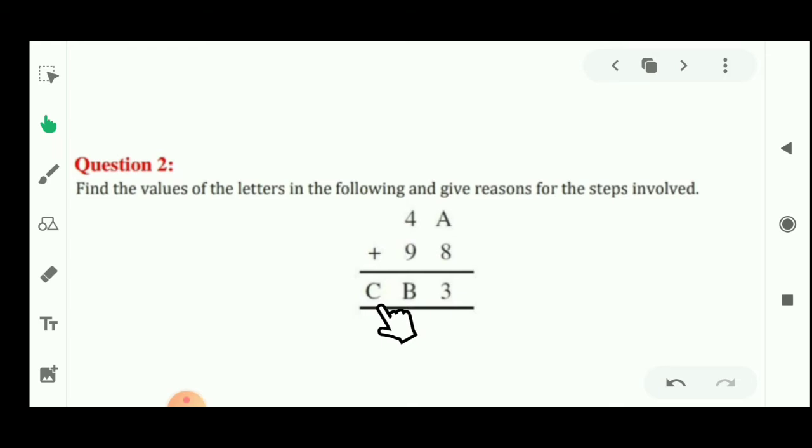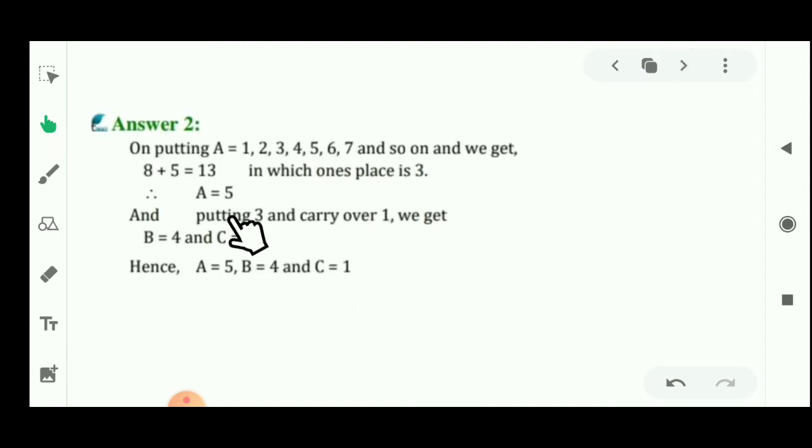So here is the 1, here is the 4, and here is the value 5. That means A's value is 5. Let's see the solution. A's value is 5, B's value will be 4 and C's value will be 1.